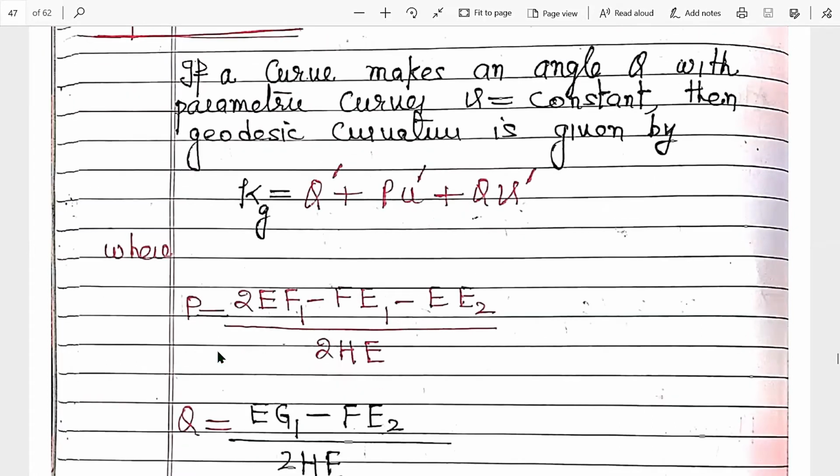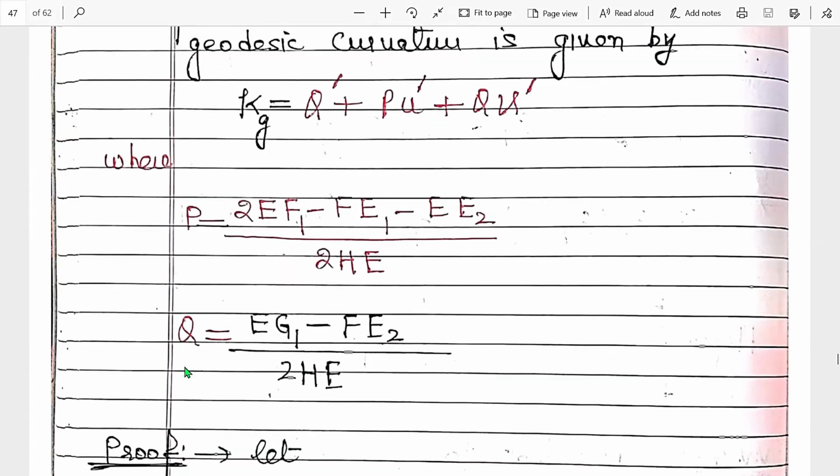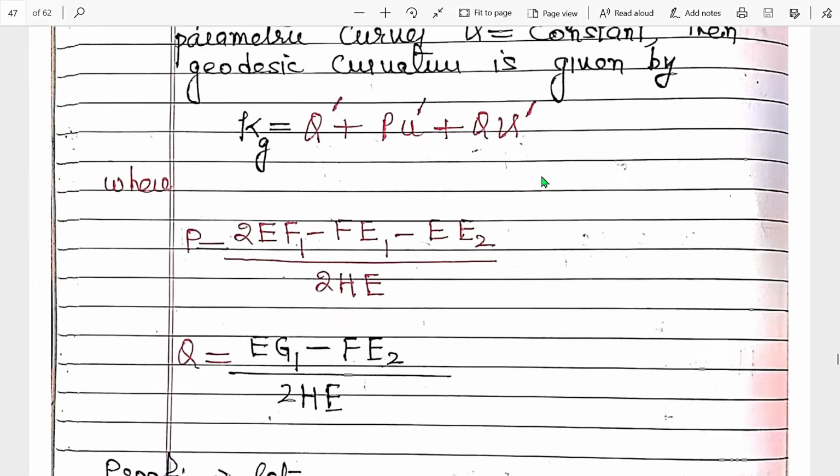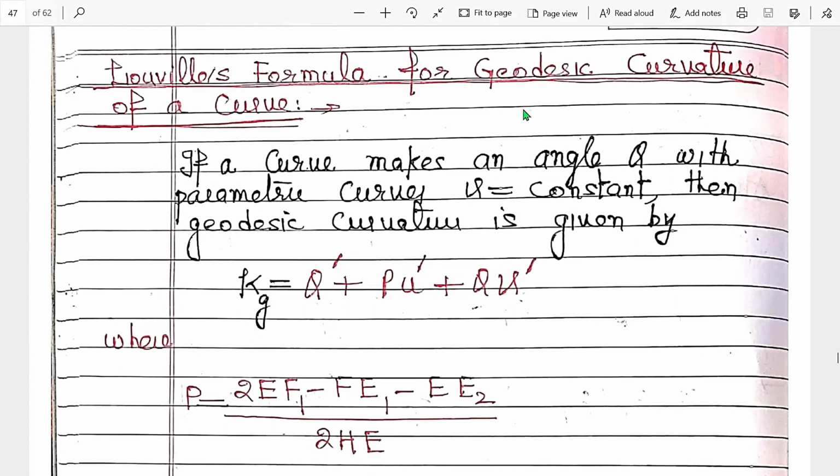What is p and what is q? They are defined in these equations in the form of E, F, G and E1, E2, F1, F2, G1, G2. Dash means derivative with respect to s, so theta dash means d theta by ds, u dash means du by ds, and v dash means dv by ds. So this is the formula for the geodesic curvature.